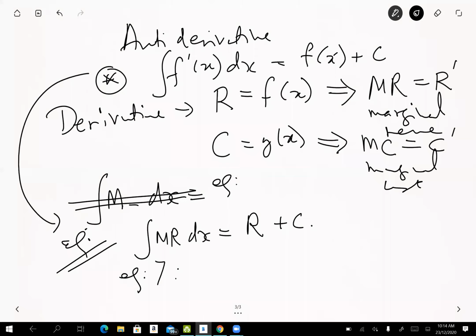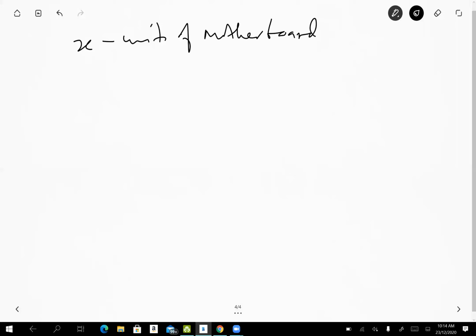The example is about the revenue from the sale of motherboards, and revenue is in dollars. You are given the marginal revenue, as in the example. Now, how do you get the revenue?